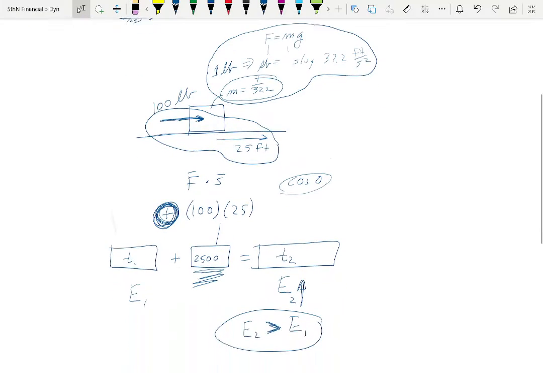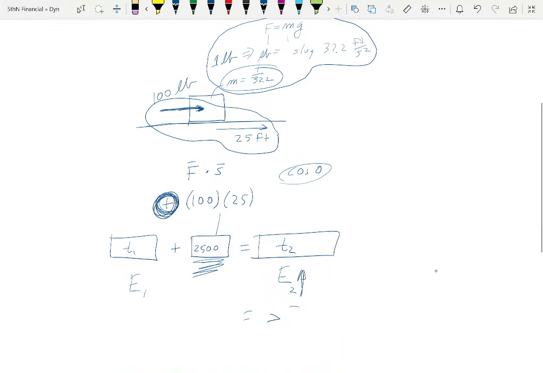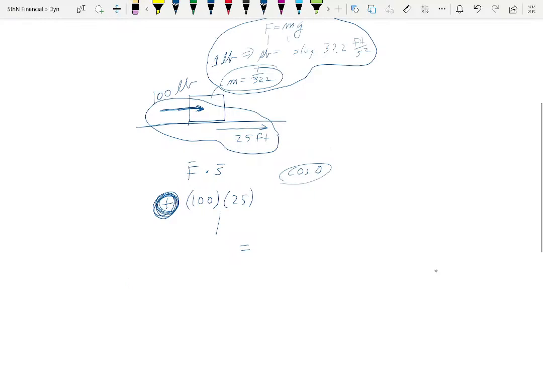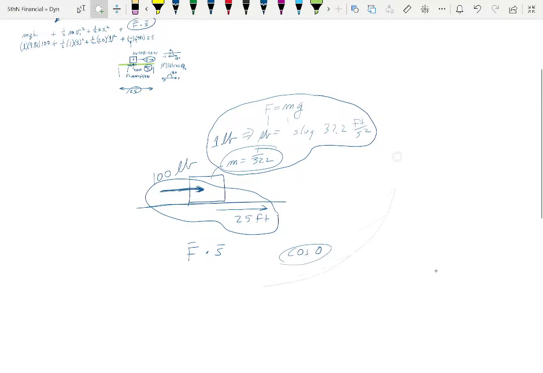So now let's go back to our particular problem. In ours, we are taking away energy because of friction. Oh, shoot, wrong button.